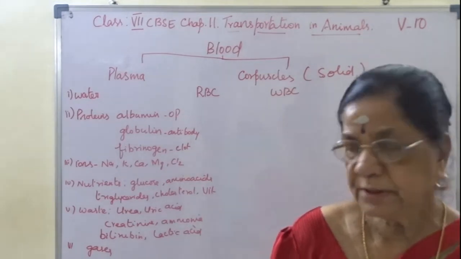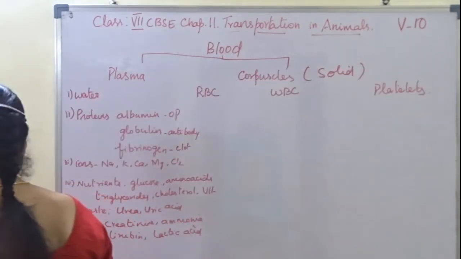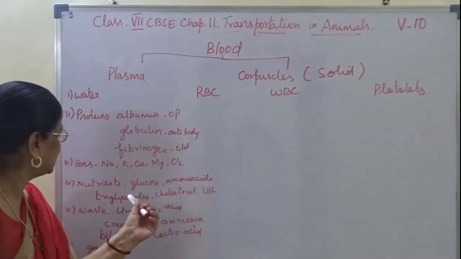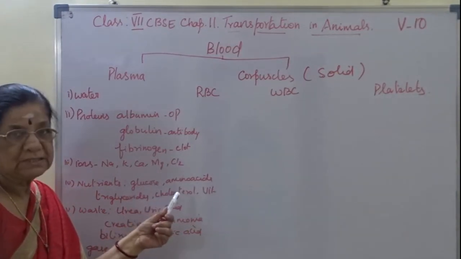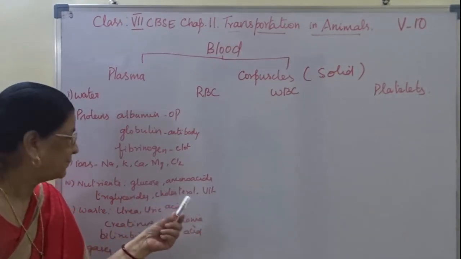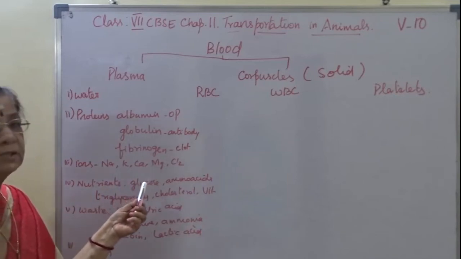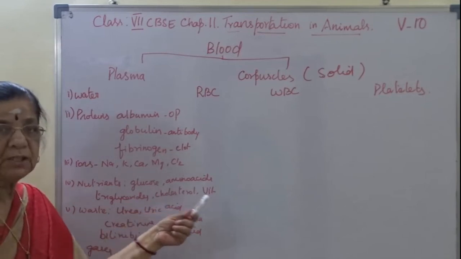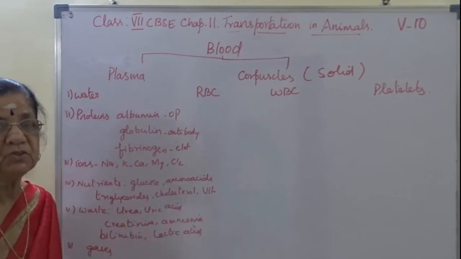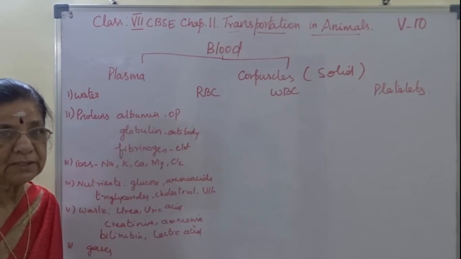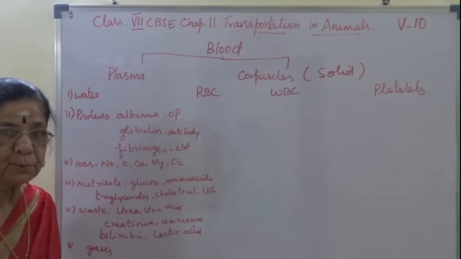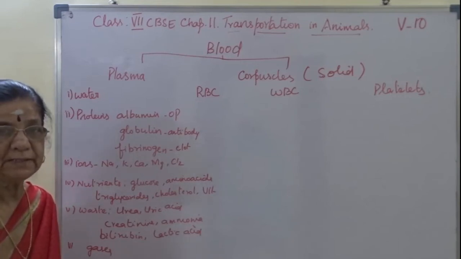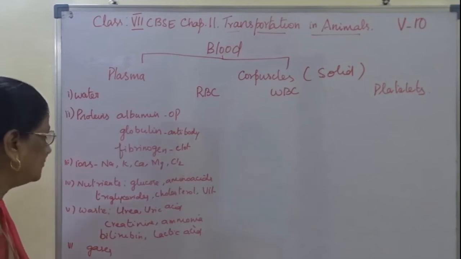Then the nutrients present in the blood plasma are glucose, amino acids, triglycerides, cholesterol and vitamins. Glucose is for carbohydrates, amino acids for protein, triglycerides and cholesterol for fatty substances, and vitamins.